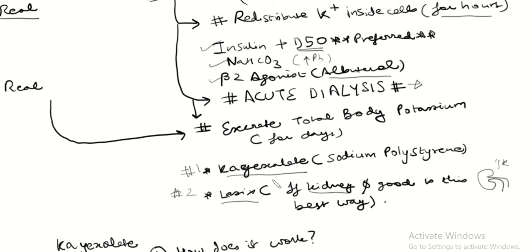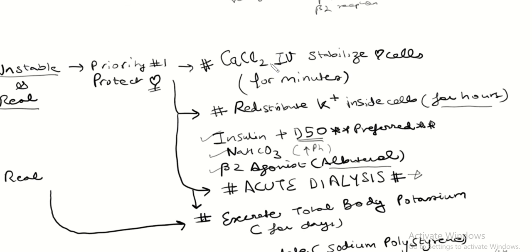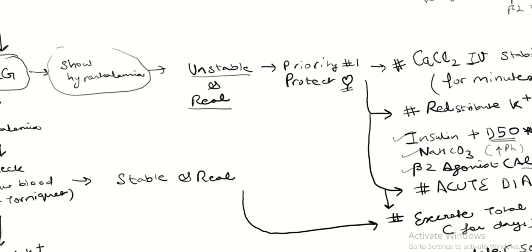Okay. Perfect. So you got to see how we worked. Step one, I see hyperkalemia. I get me my EKG. My EKG is showing me hyperkalemia. This is unstable, and this is for real.